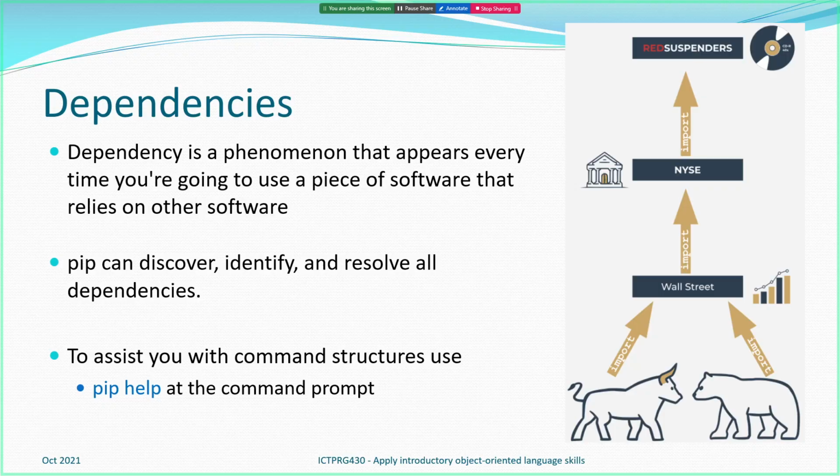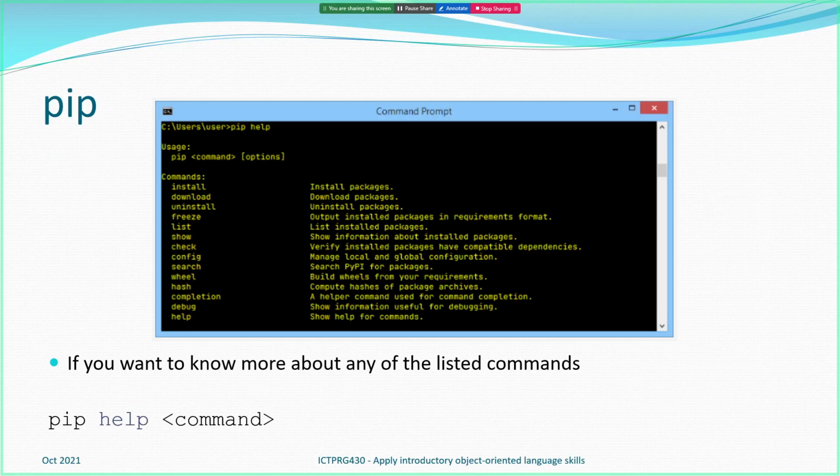Now, Pip's a very useful program. If you want to delve into it a bit more, you can just look at what commands are available with the Pip Help prompt, and you'll get a little listing like this.